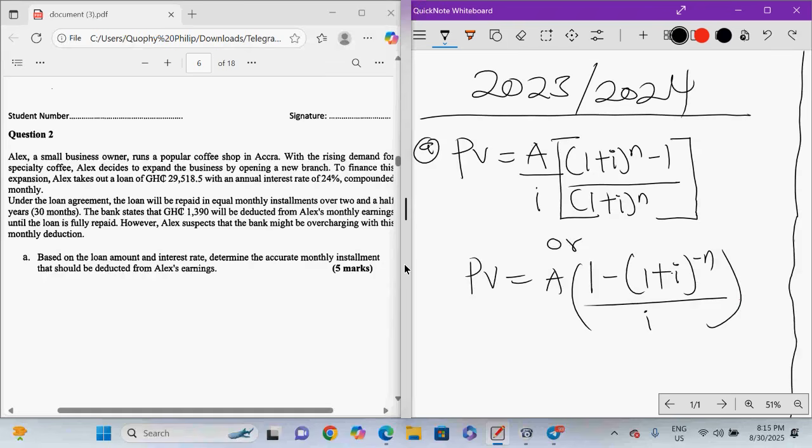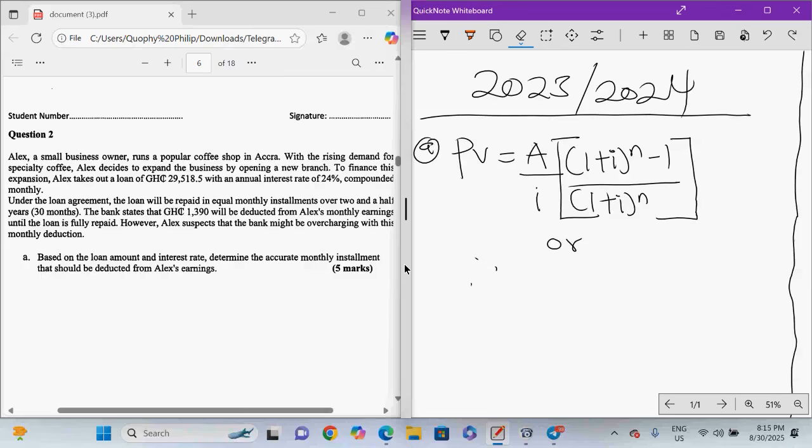But you use this one, because this is what is on the marking scheme and also in the formula sheet. I believe they will give you formulas, but you have to know what the formulas are. You don't depend on the formula that will be given in the examination room.